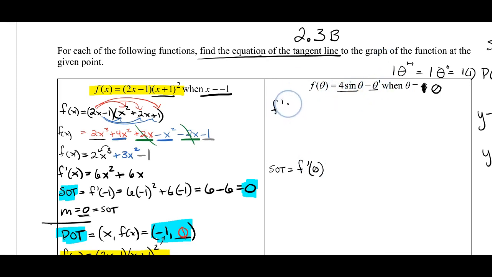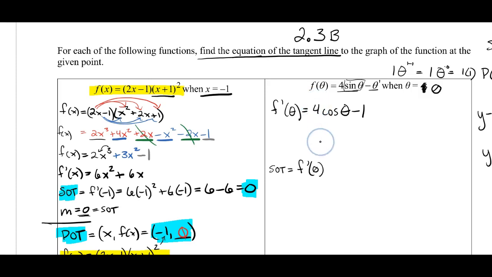So we'll find the derivative of f: the derivative of sine is cosine. So I have 4 cosine theta. The derivative of theta is like the derivative of x. So you can see the example here. 1 times theta to the 1 reduced by 1 gives me theta to the 0, which is just 1. So this is going to be minus 1.